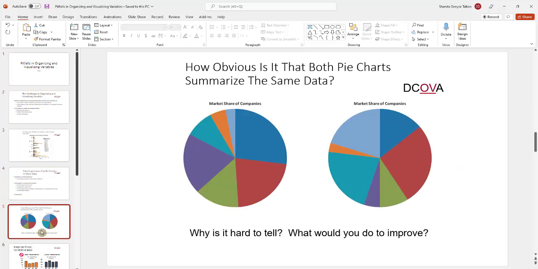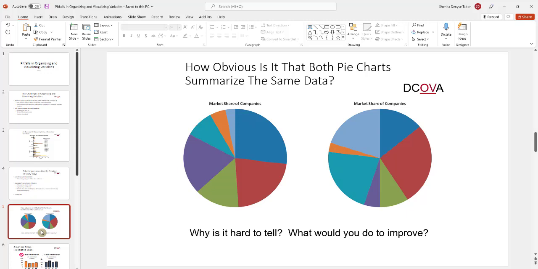So if you look at these two pie charts, you would not know that both of these pie charts represent the same data. They summarize the same data. So what you need to do to improve it, you probably would need to add percentages on there and have a scale on the side so you know what color each color represents.